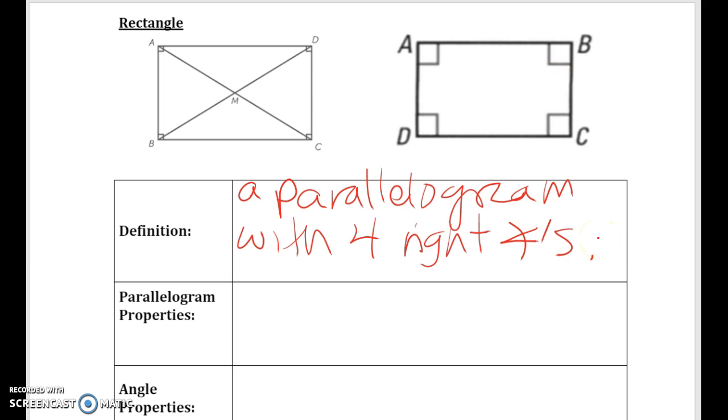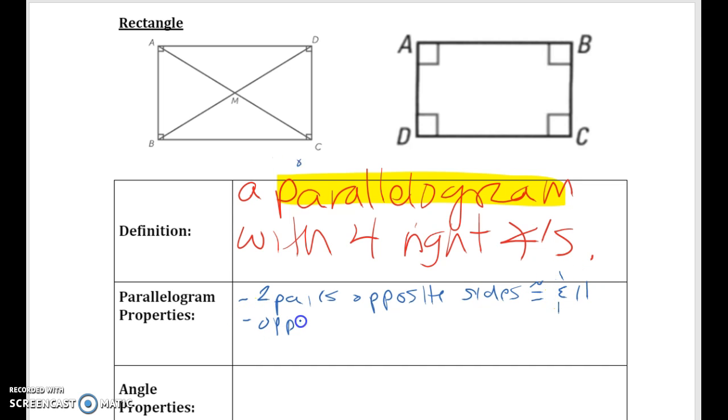Okay, so notice in the definition it says parallelogram. Right? It is a parallelogram, which means that the rectangle has all the properties that a parallelogram has. And what are those properties? 2 pairs of opposite sides congruent, 2 pairs of opposite sides parallel, opposite angles congruent.